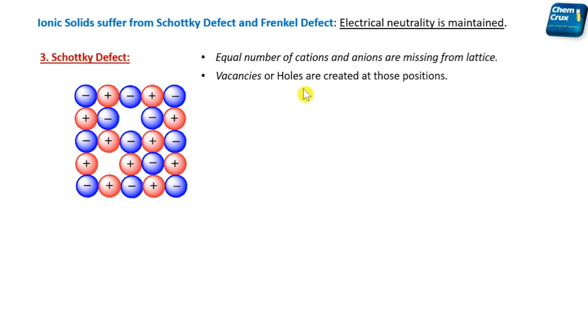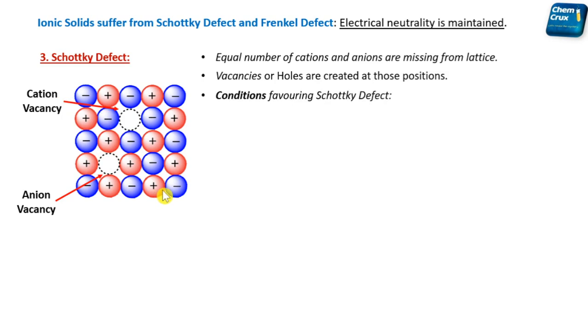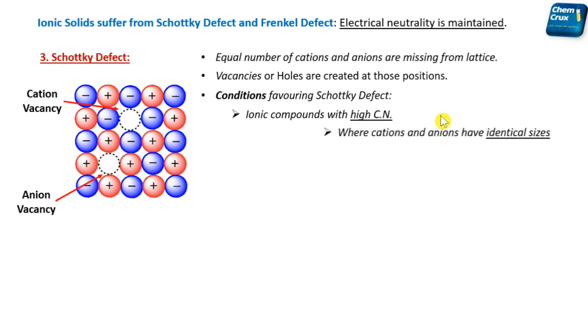Vacancies or holes are created at the positions from where the ions are missing. The position from where a cation is missing is called cation vacancy, and the position from where an anion is missing is called anion vacancy. Now, what are the conditions that will favor Schottky defect? Ionic compounds with high coordination number will suffer from Schottky defect, and ionic compounds where cations and anions have identical sizes will also suffer from Schottky defect.